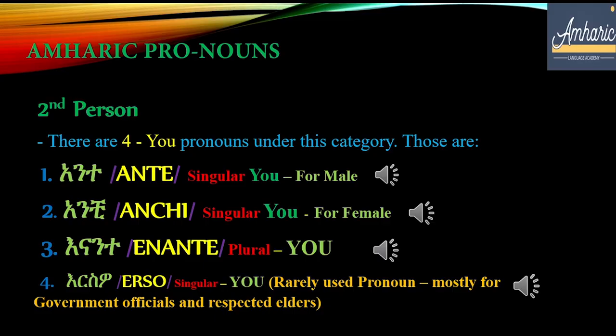Anchi is for female, and for plural, nanta is the third you. The fourth one, erso, is a rarely used pronoun, mostly for government officials and respected elders.